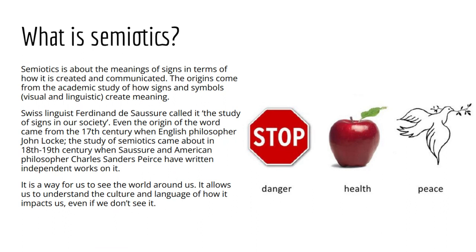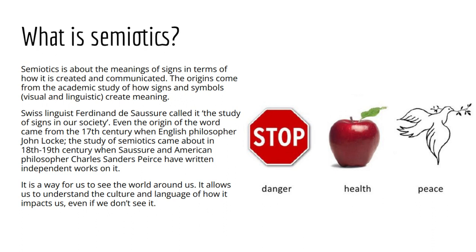But the real origin was in the 18th to the 19th century, when Saussure and the American philosopher Charles Sanders Peirce wrote independent works on it. They both have different ideas of what semiotics is and how it's interpreted, so I'll be getting to that in the video.